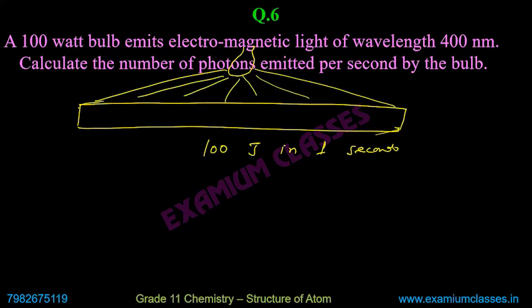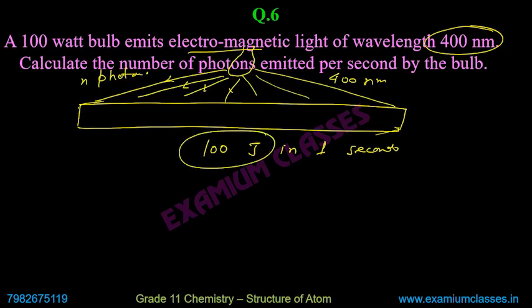Now the question is, it emits electromagnetic light of wavelength 400 nanometer. So it means this will consist of photons. Say suppose there are n photons, total energy will be 100 joules of these n photons.